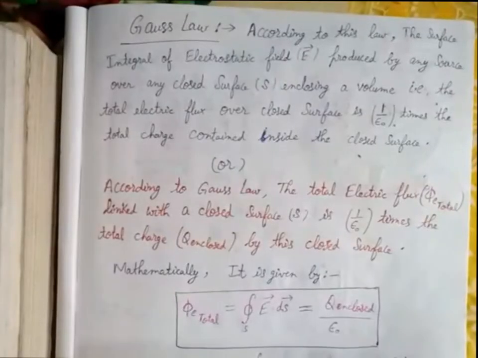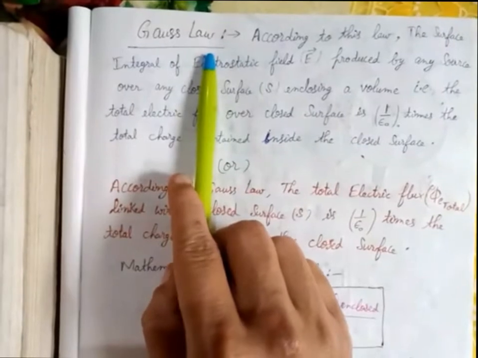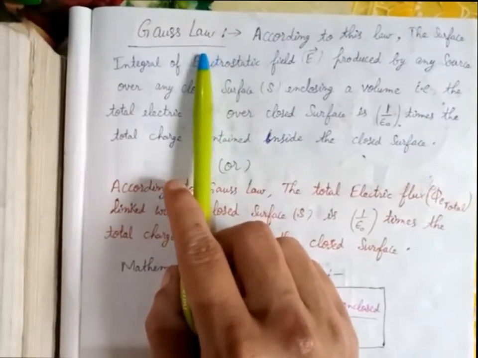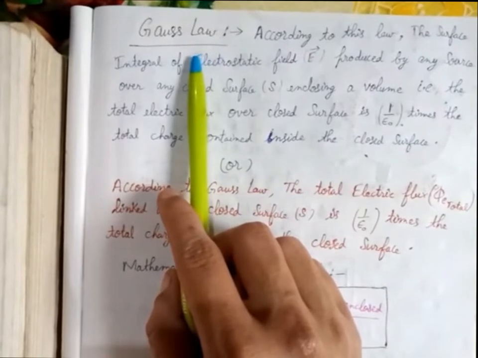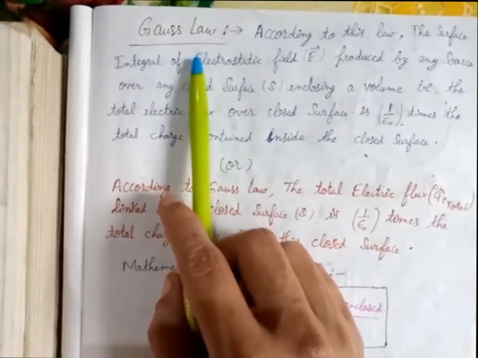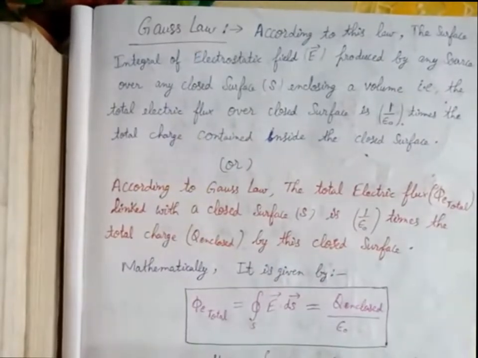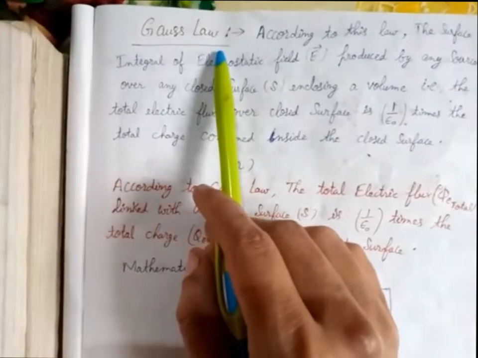Now this is a very important topic, the Gauss law, because it generally comes in the examination for 4 to 5 marks, and its application is also very important, because these two topics are generally asked in your board exam. So what do you mean by Gauss law?